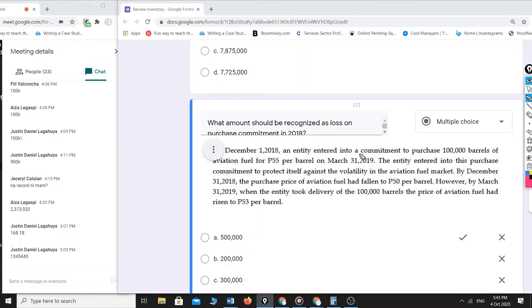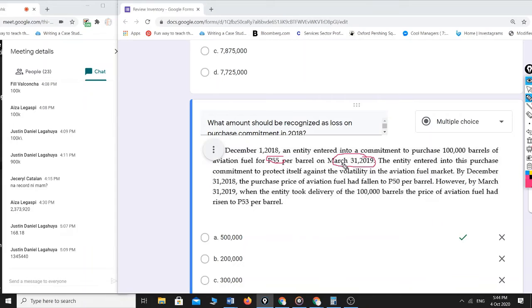Accordingly, the entity entered into a commitment to purchase 100,000 barrels. So, the fixed price is 55,000. Our fixed date is March 21, 2019. Okay. Our question is how much should we recognize as loss on purchase commitment in 2018.